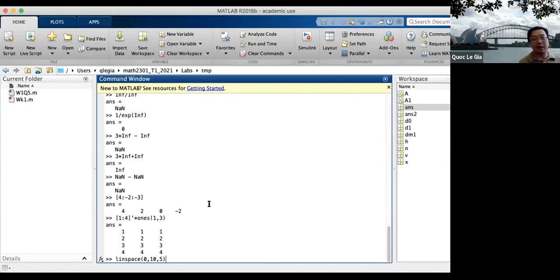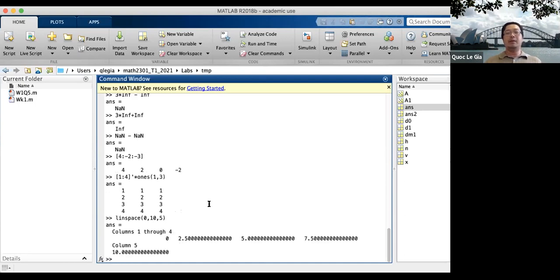If you take the interval 0 to 10 and you divide it into 4 equal intervals, then you get 5 numbers. So 0, 2.5, 5, 7.5, and 10. So very simple.